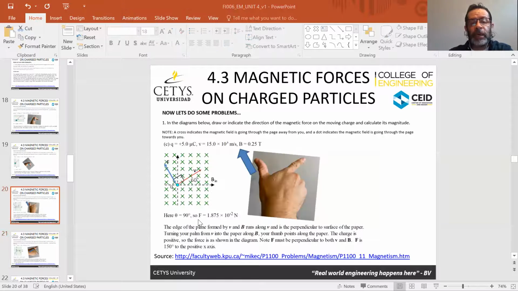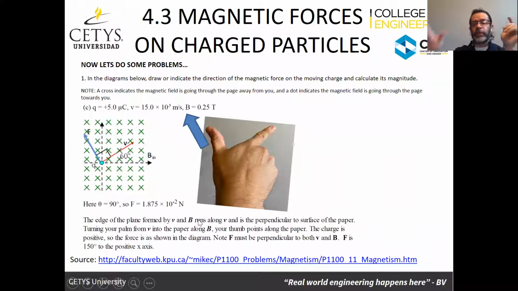And so the thumb is pointing outwards. That means that the force is going outwards. Okay, it's going outwards in the direction that we have this vector here. Okay, again, looking at the page, put your hand the way you're seeing it in the image, and that's going to give you the direction of the force. And the calculation again is done directly.